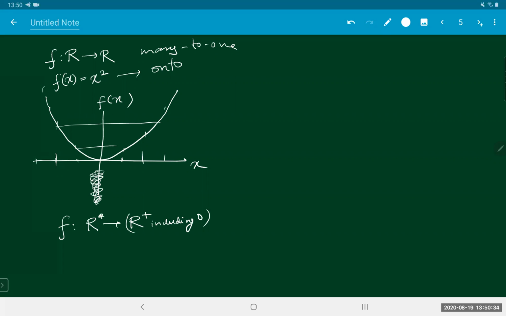So these are all the positive real numbers and 0 as well. Then my graph basically stops over here. It doesn't go down. And it looks like this. Now this function is many to one. Sorry, this is onto.